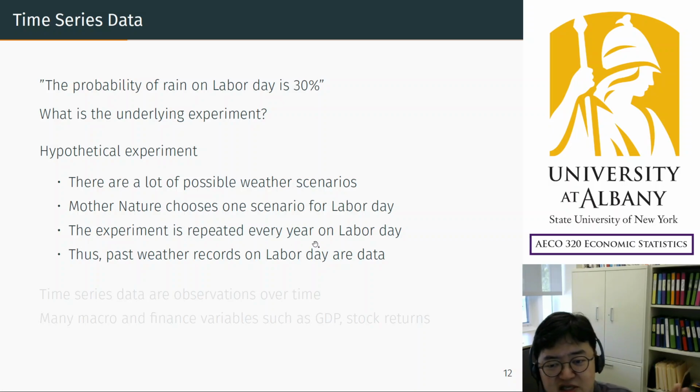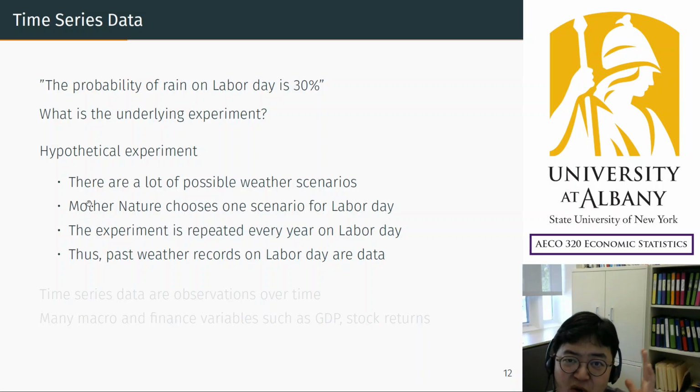So assuming that every year Labor Day has similar temperature and similar weather situations, then we observe one outcome every year. The experiment is in here.